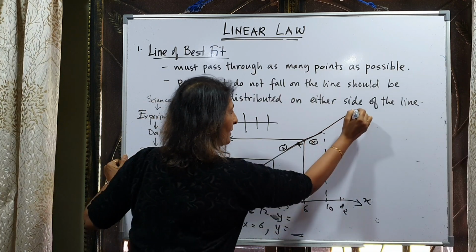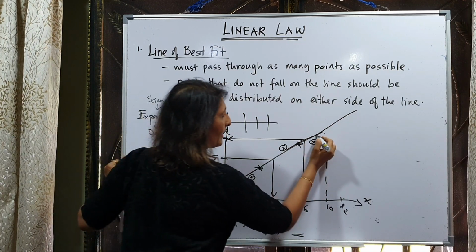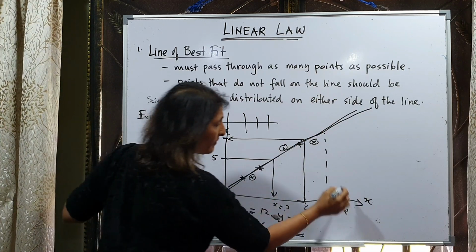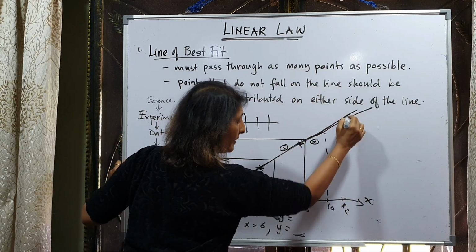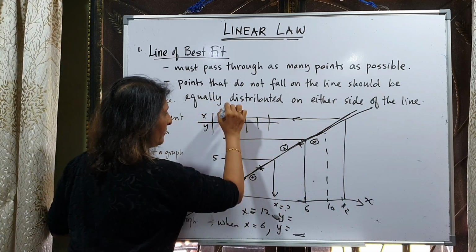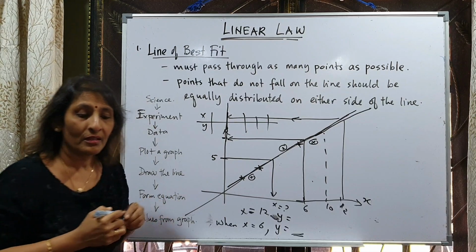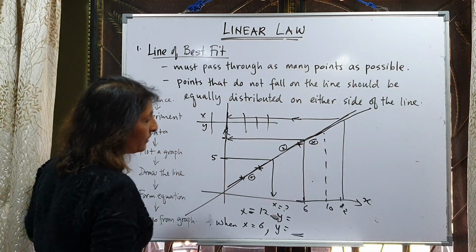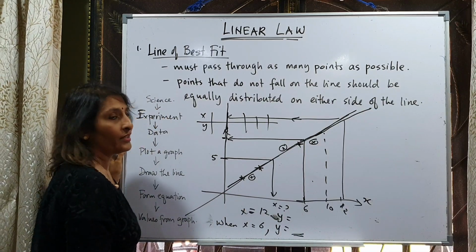You can just extend it. The straight line can be extended, right? You can go backwards, you can go forward. So no problem, you just extend the line. Then you can read the value of y here. So this is called to extrapolate. To extrapolate means to find values outside the range that you have drawn.